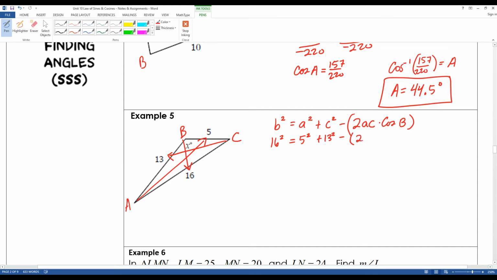So let's go 2 times A, which is 5, times C, which is 13, times the cosine of B.